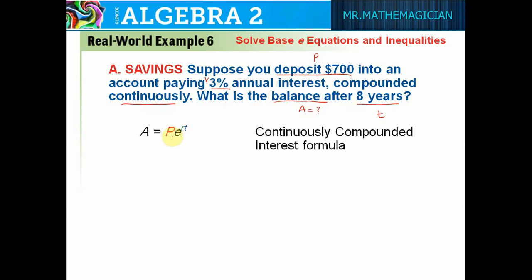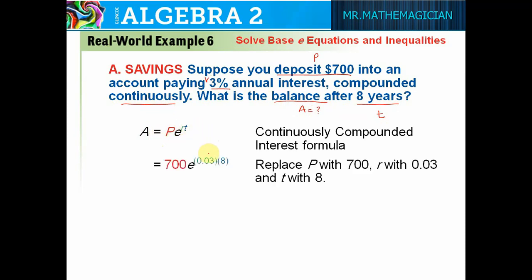So now let's use the rule A equals P times e to the power of RT. So substitute P as 700 and R as 0.03 because we transform the percent into decimal. Just type 3 over 100 and it will give you 0.03 multiplied by T, which is 8.